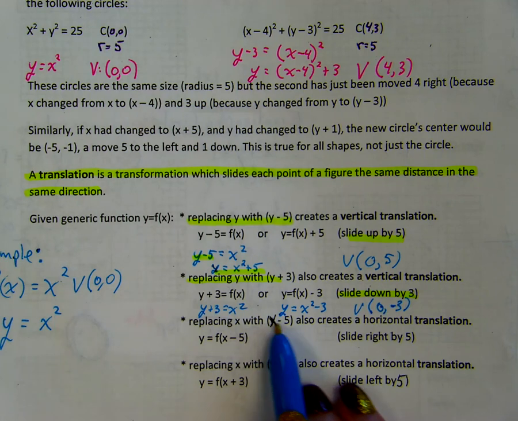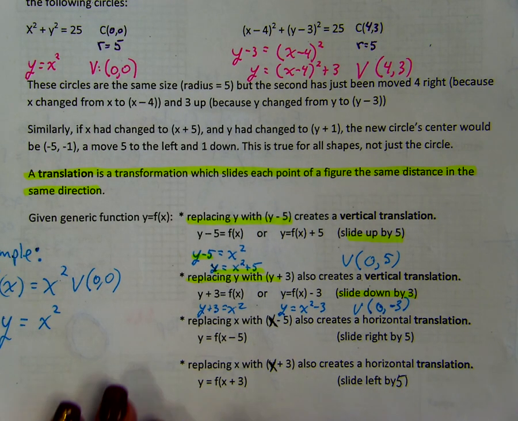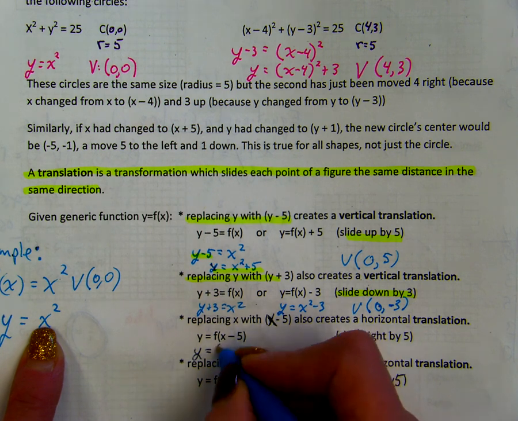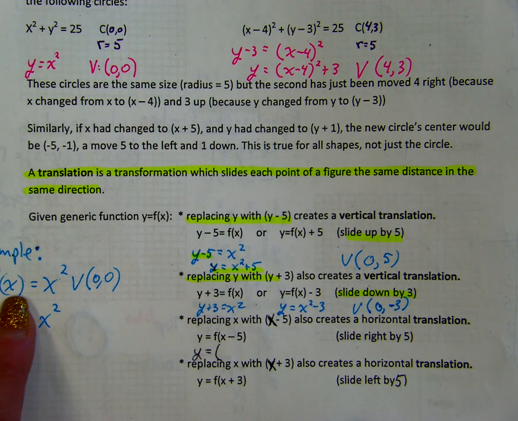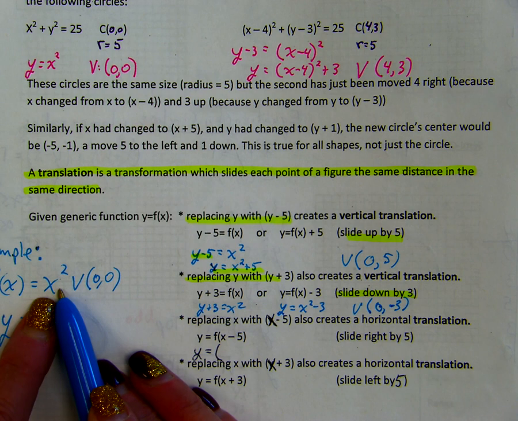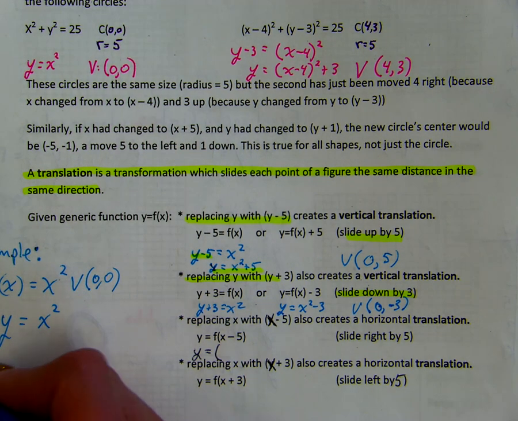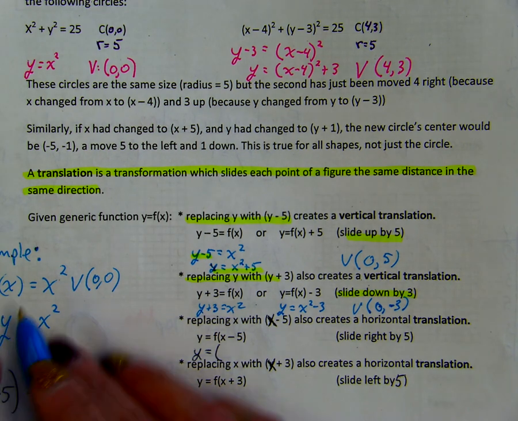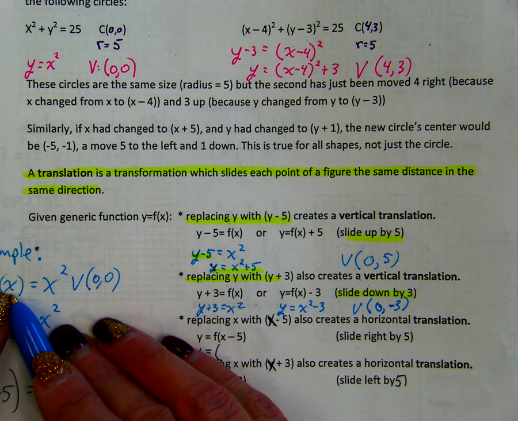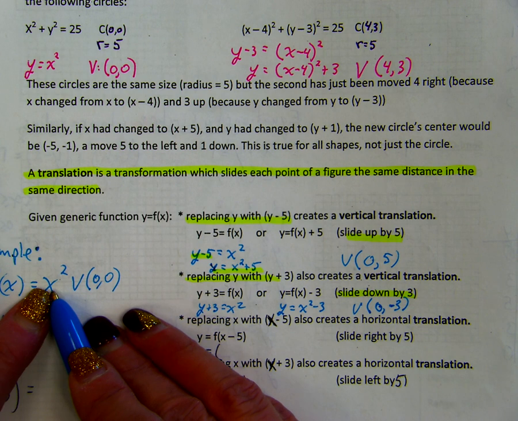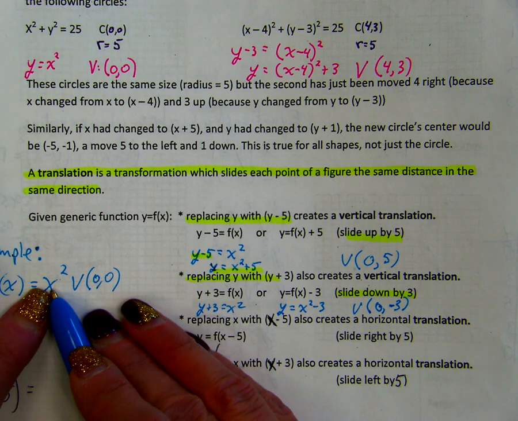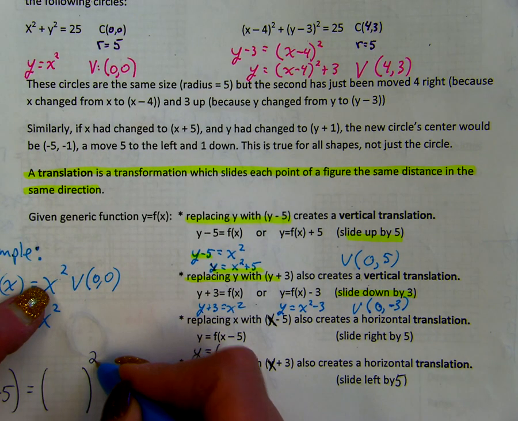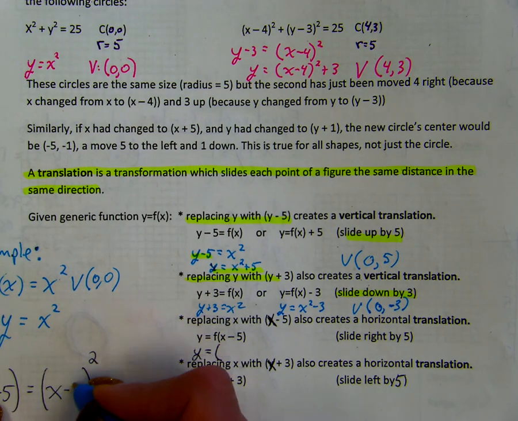Okay, let's move on to what happens with the x's. If I replace x with x minus 5, then instead of y equals x squared, I get y equals, okay, so this is what I mean by composition. If f at x is x squared, the function at x minus 5 is equal to, every time I see an x in my function, I replace it. Whatever was in here has to go in for here. I replace the x, which is being squared, with x minus 5.